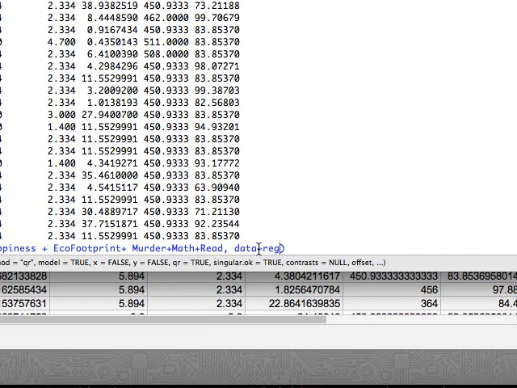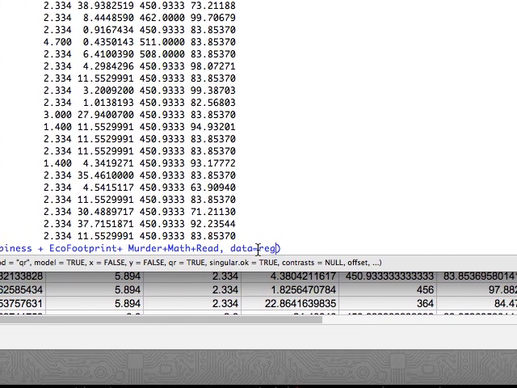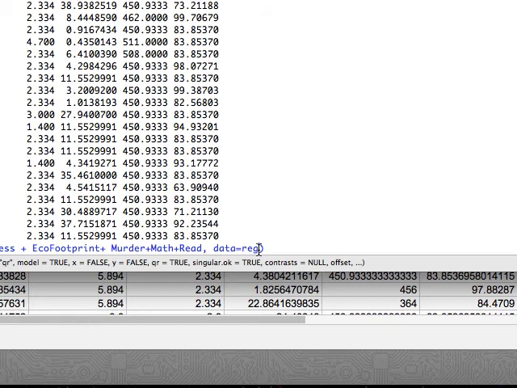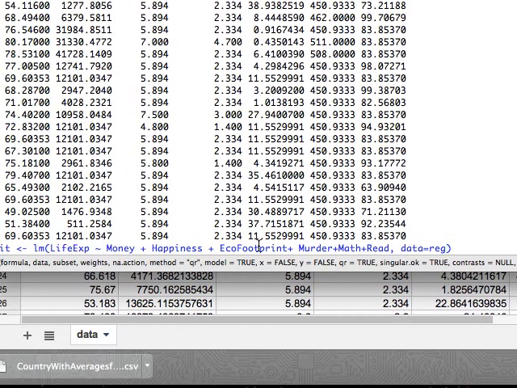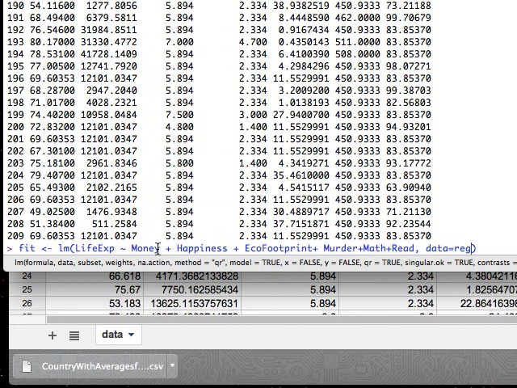And we're getting our data from the data we just inputted in reg. And we're actually going to put this process data into a variable fit.